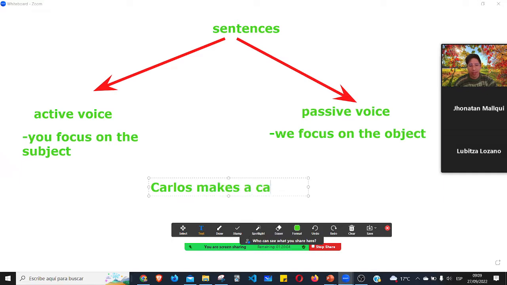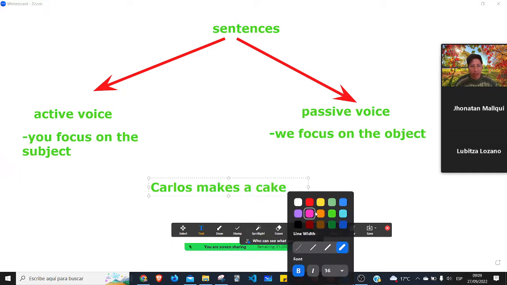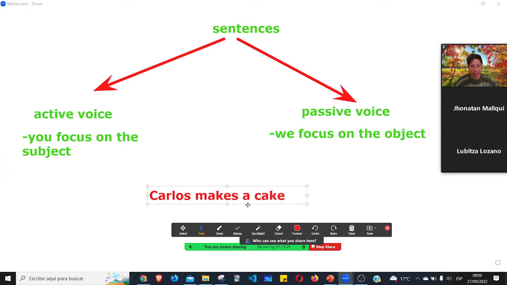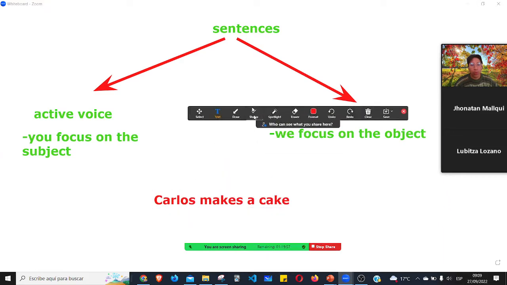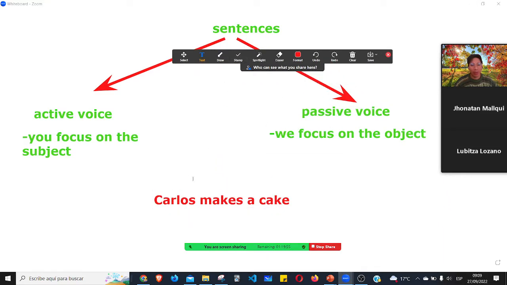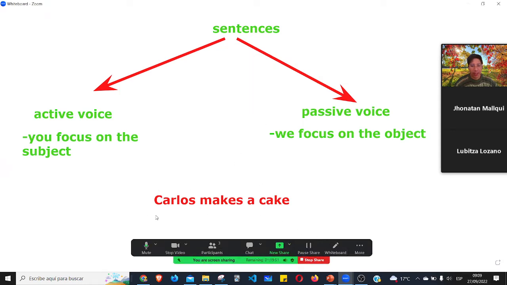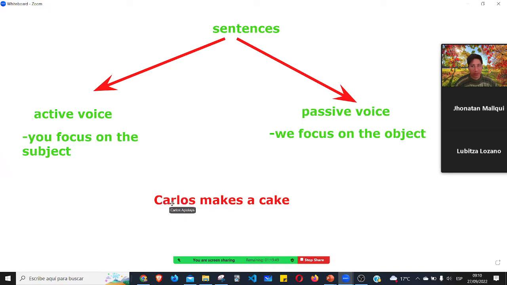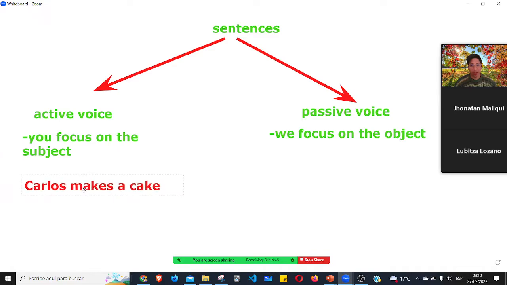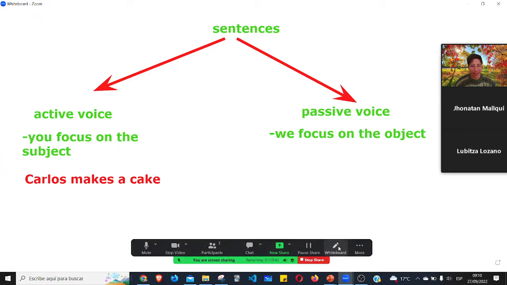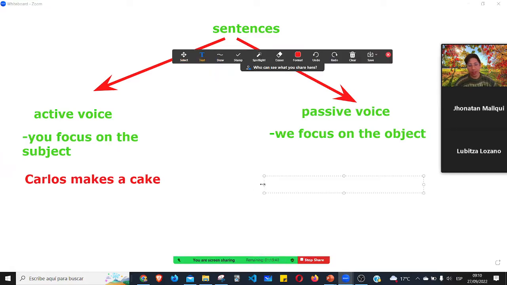Carlos makes a cake. Look at this. Carlos makes a cake. Who or what is the doer? Who performs the action? In this case, Carlos performs the action, right? Because it focuses on Carlos. But in this case, we change the order and a cake is made by Carlos.